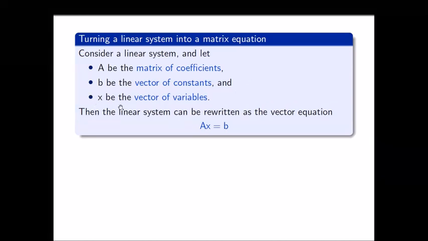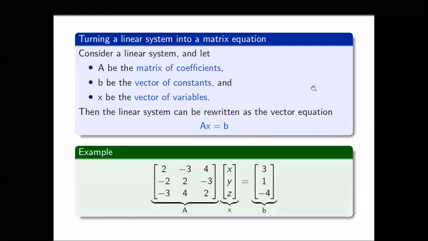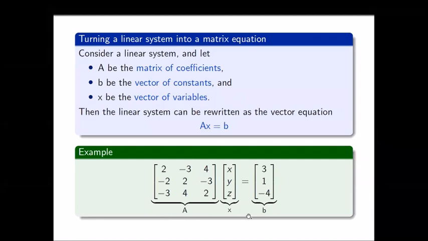And X can be the vector of all the variables. So you take all the variables that are present in the system of linear equations and you put them in a column. Then the linear system can be rewritten as the vector equation AX equal to B. For example, this matrix system represents a linear system of equations.